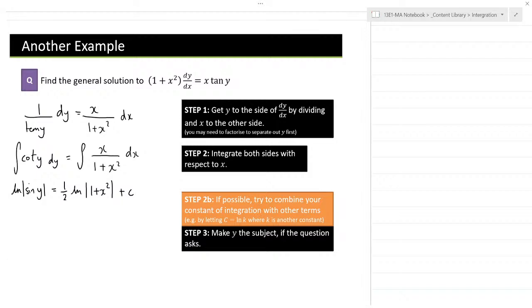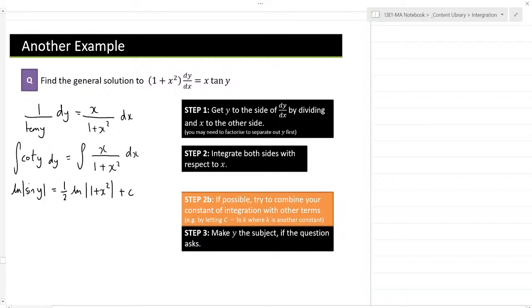So the next stage is there are 2 things we need to get rid of. We need to get rid of that half, and using the laws of logs we know what to do with that one. If it's a half in front of the ln, we're going to bring that up and it's going to be the square root. Yeah, good. Now the other part is that c. Previously we made it e to the power of something, but here we use a different technique.